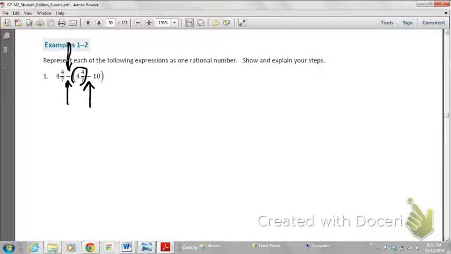And while that 10 is negative inside of the parentheses, that negative sign is then going to allow it to become positive. It's truly going to be a positive 10 because you're doing the opposite of what is designated inside of that parentheses.